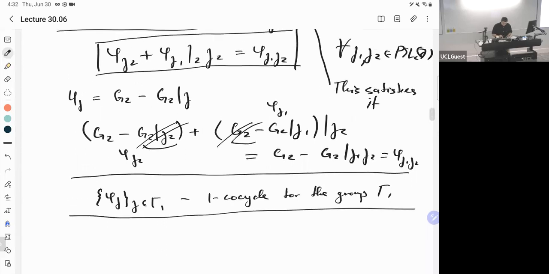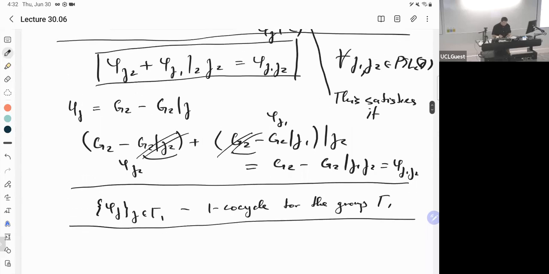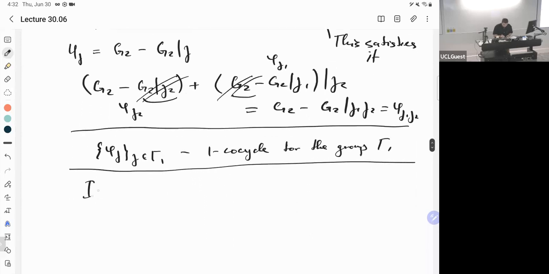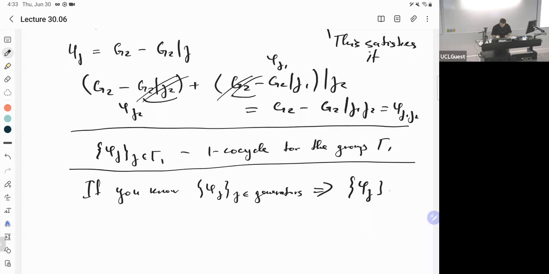There are several ways you can look at this identity, but at least one of them tells you that if you know phi gamma for gamma in generators, then this allows you to reconstruct all the other values for the group. I was talking about the group gamma 1, but in principle there's nothing special about it, so you can work with it in any case.